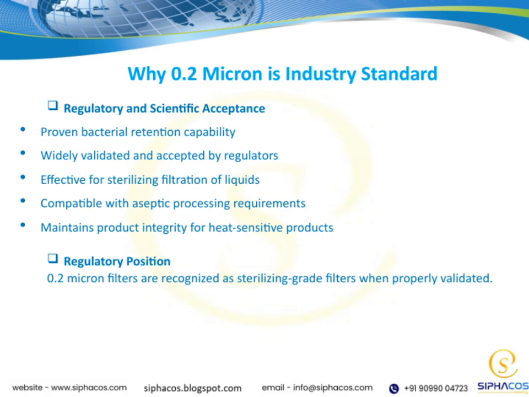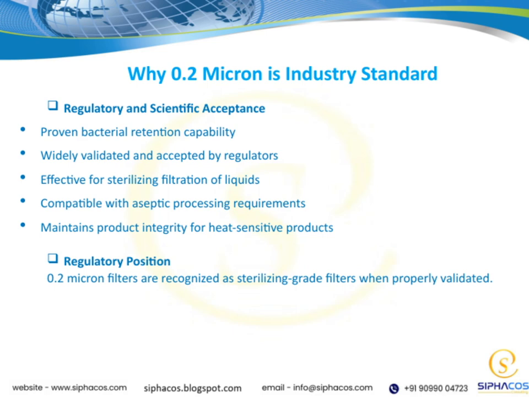Another important point is their compatibility with aseptic processing requirements. This means they support sterile environments without compromising the process. Plus, they help maintain the integrity of heat-sensitive products, so you don't have to worry about damaging delicate formulations. Now, from a regulatory standpoint, 0.2 micron filters are recognized as sterilizing-grade filters, as long as they are properly validated.